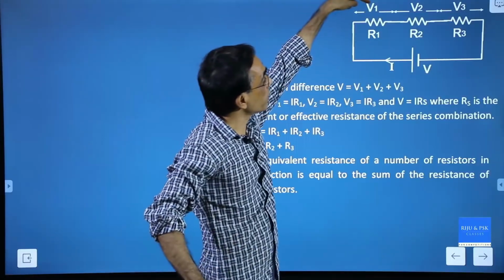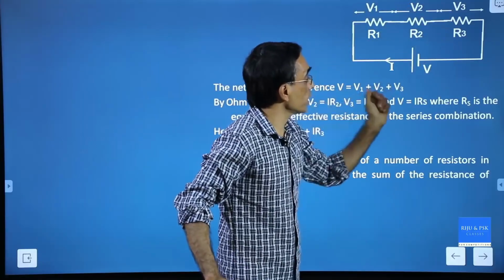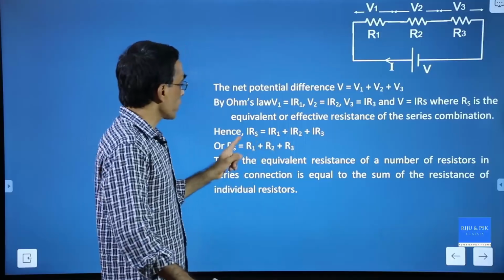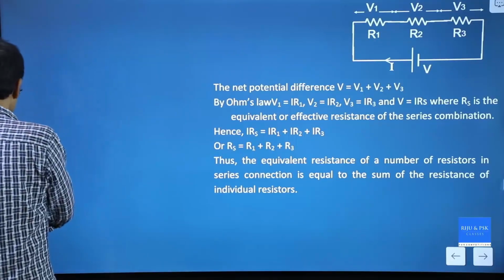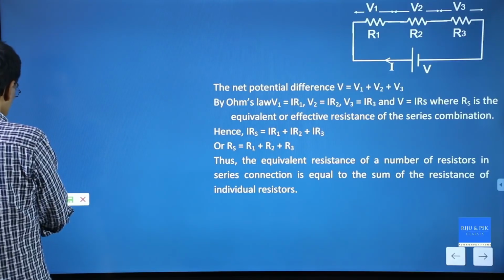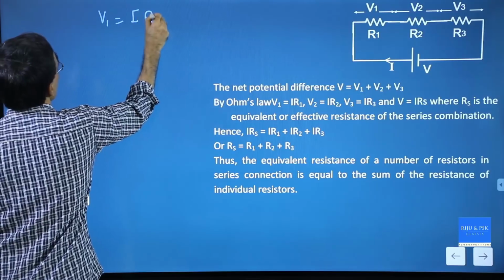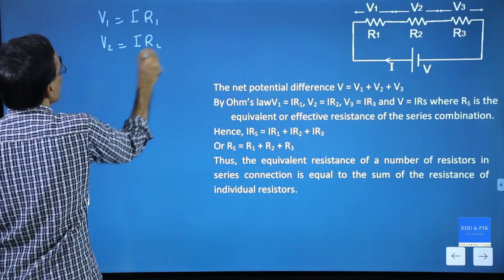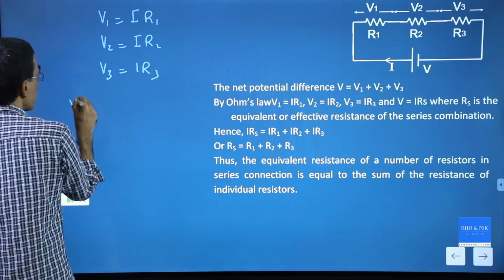And what is V1? V1 is I into R1. V2 is I into R2. V3 is I into R3. And substitute. We know V1 equal to I into R1, V2 equal to I into R2, and V3 equal to I into R3. Now, what is the total voltage?